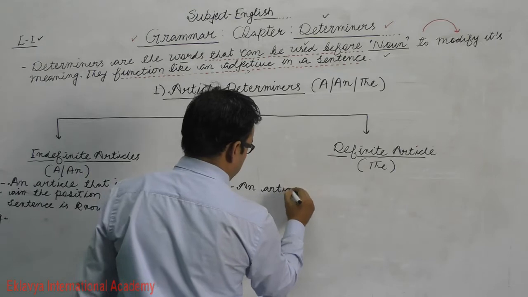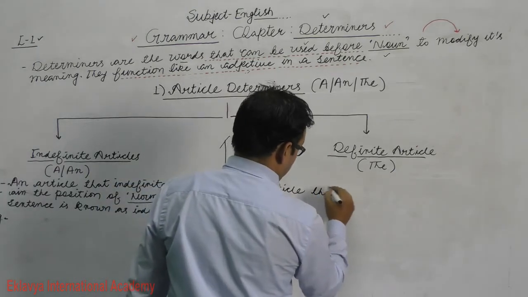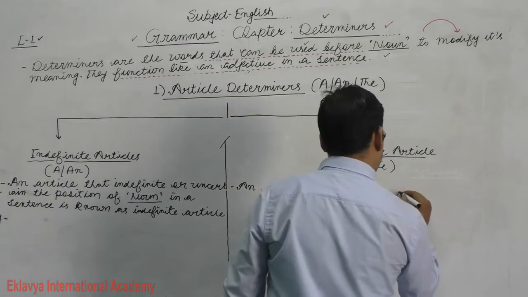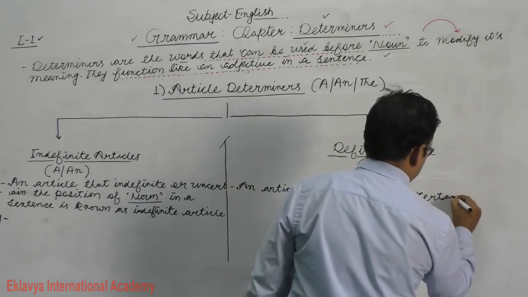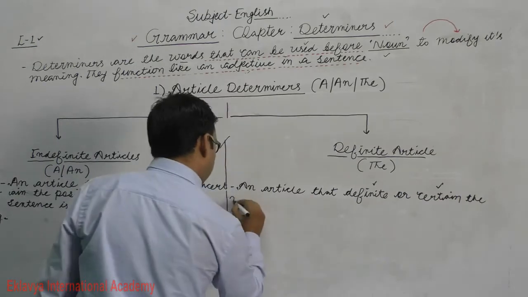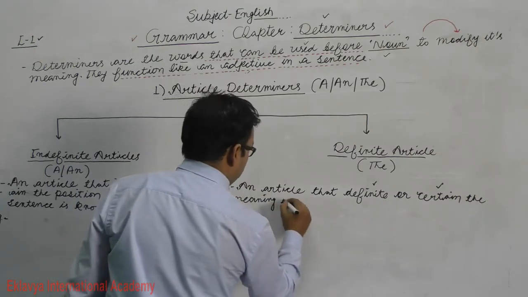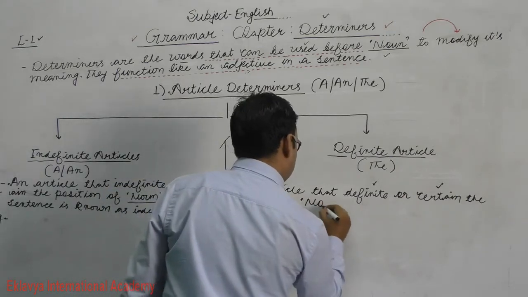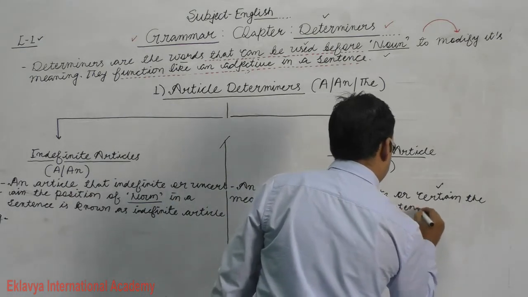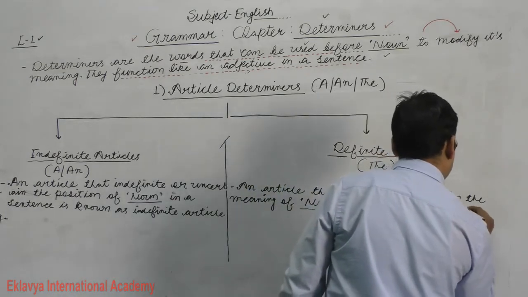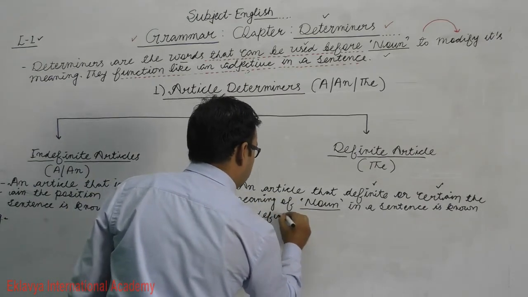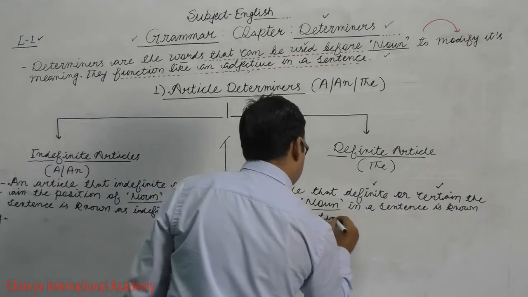An article that definite or certain the meaning of noun in a sentence is known as definite article.